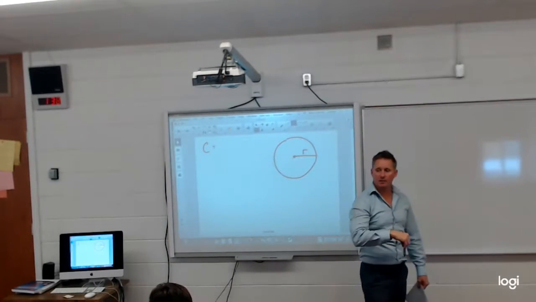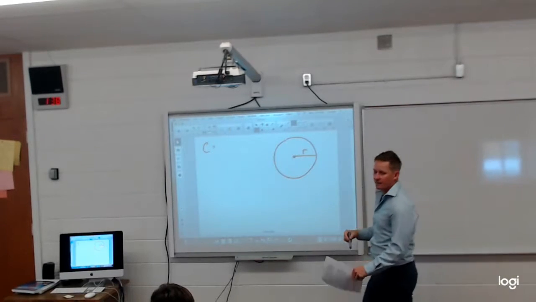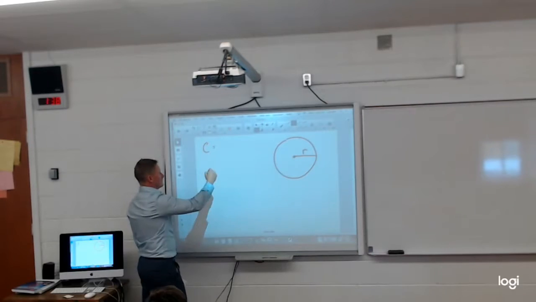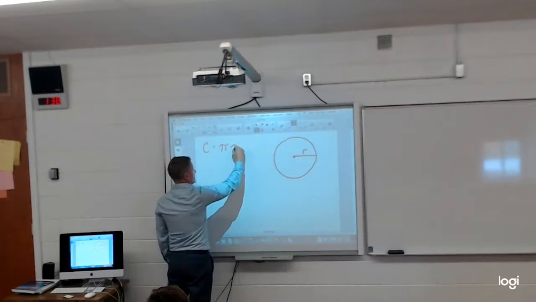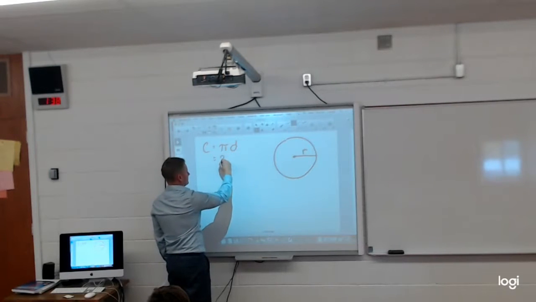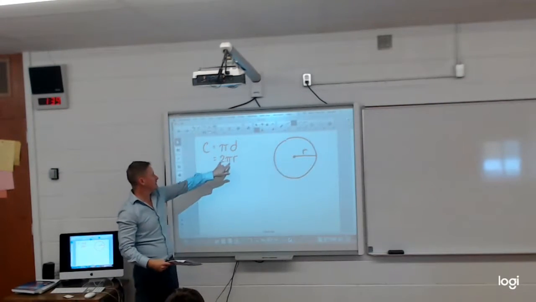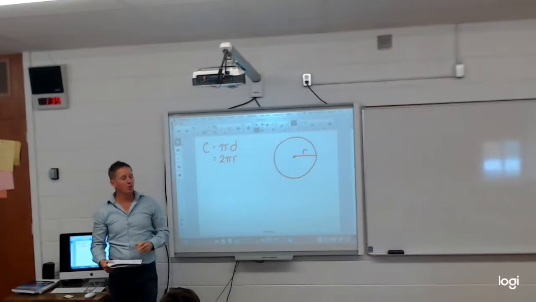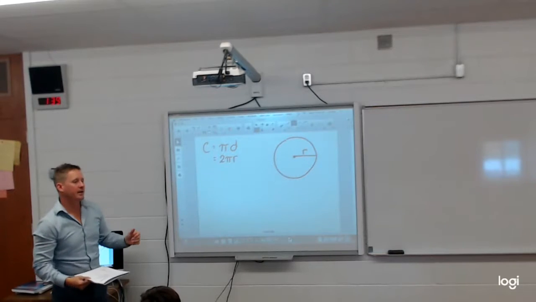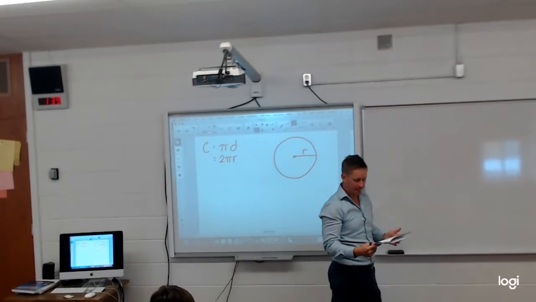That's the distance around the circle. We all agree? Okay, and how do I find that circumference of the circle? Pi times d, if I'm given the diameter, or 2 pi r, because twice the radius gives you your diameter. So whichever one you're given, if you're given the diameter, then times it by pi. If you're given the radius, times it by 2 pi. Make sense?